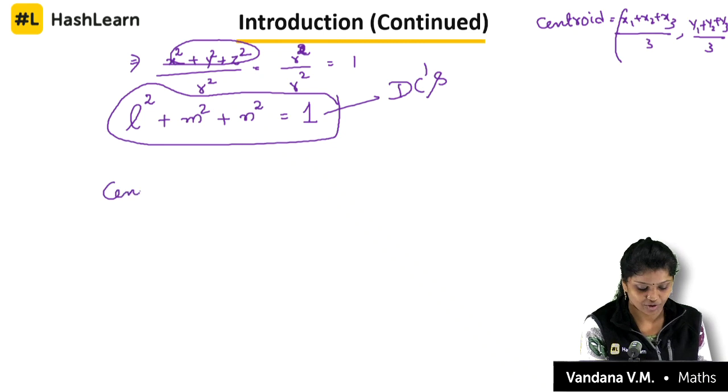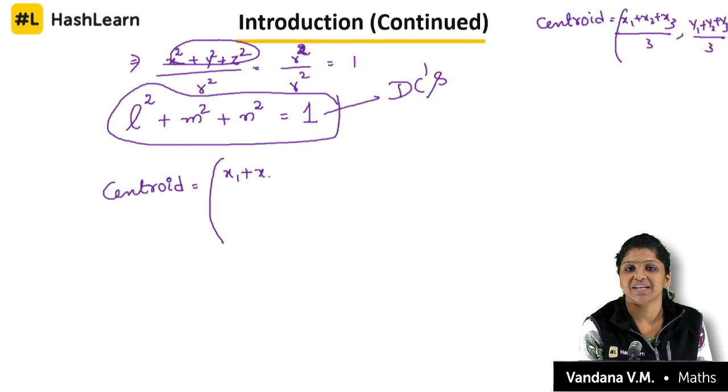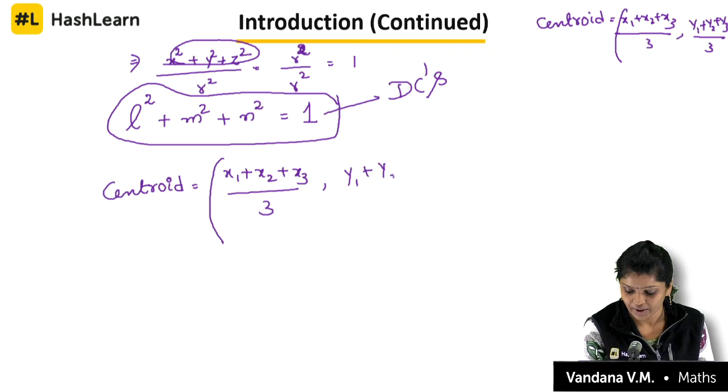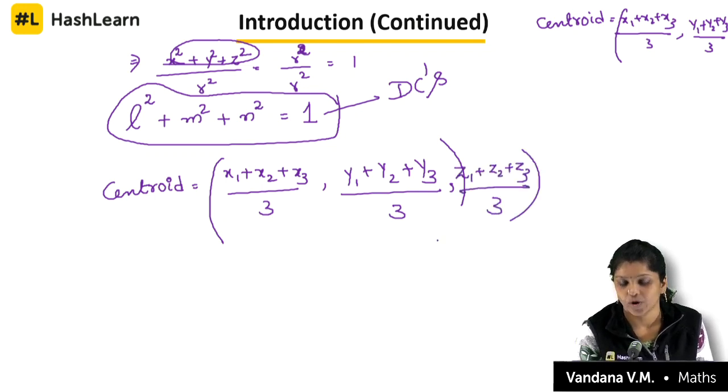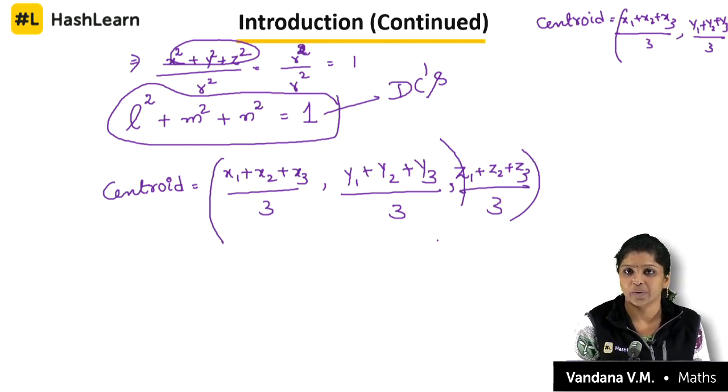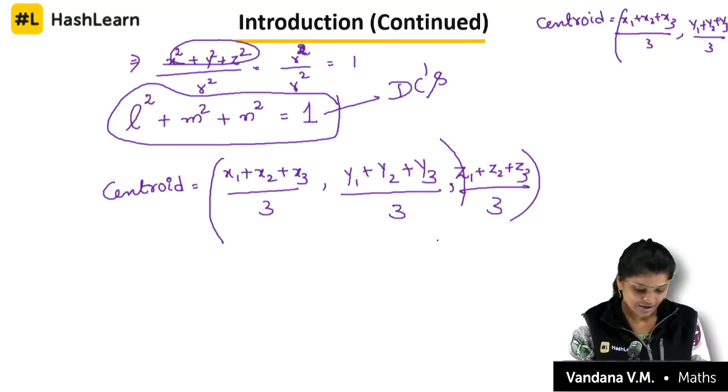So the centroid in 3D is x1 plus x2 plus x3 by 3, comma, y1 plus y2 plus y3 by 3, and sorry, one more will be there, z1 plus z2 plus z3 by 3. One more coordinate we include, so the same as before. If you know two-dimensional geometry properly, easily you can understand 3D also. Clear?